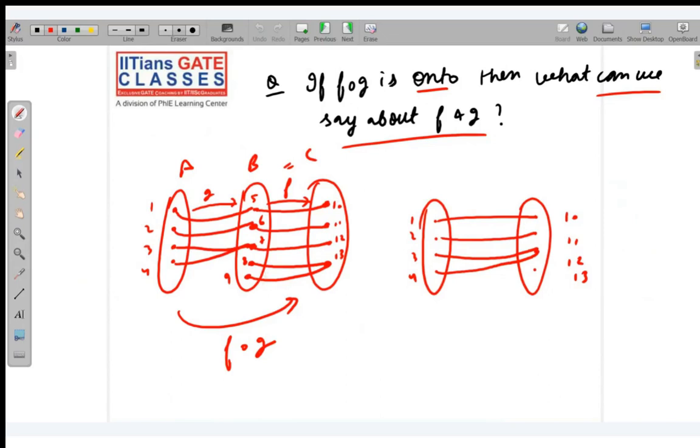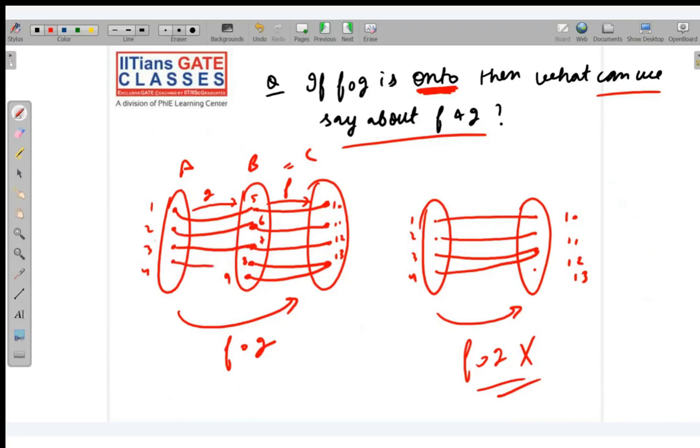So if FOG is onto, yes. Here actually we have made a very basic mistake. We have said FOG is onto, but here itself FOG is not coming onto. Are you getting it? So I have not taken FOG to be onto. FOG is not onto. We have to take FOG to be onto.